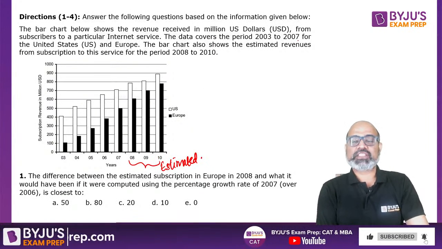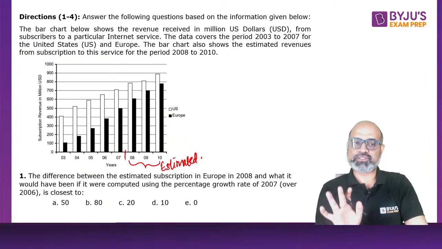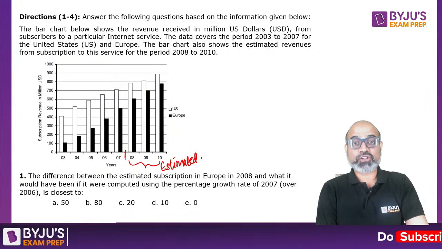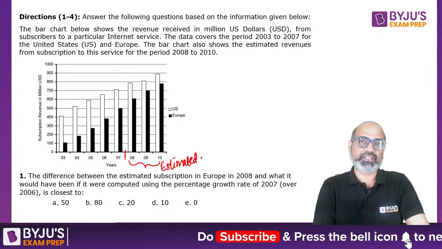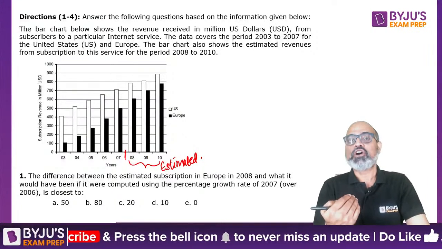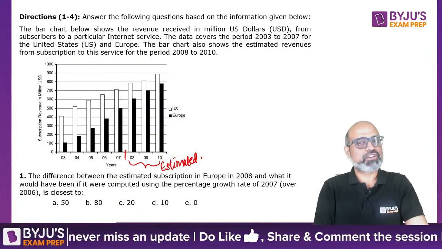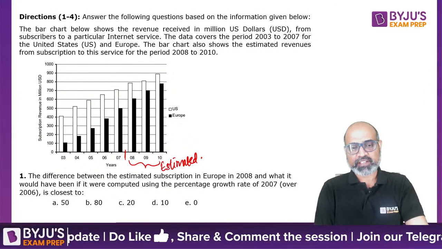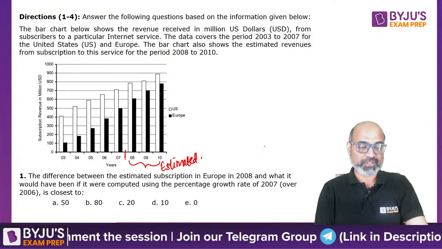Because the data covers the period 2003 to 2007 for the United States and Europe. So up to 2007, these are the values given. The bar chart also shows the estimated revenues from subscription to the service for the next 3 years. Suppose we are at year 2007 or beginning of 2008. Of course, up to 2007, we exactly know what was the revenue generated. What about the coming 3 years? So those are the estimated values.